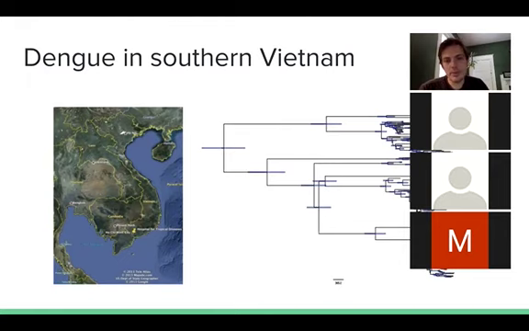This general approach was the same approach that I used to fit these SIR models to dengue data from southern Vietnam. If you remember back in the structured coalescent lecture from January, we were interested in whether we could reconstruct the population dynamics of dengue in Ho Chi Minh City and the surrounding area.